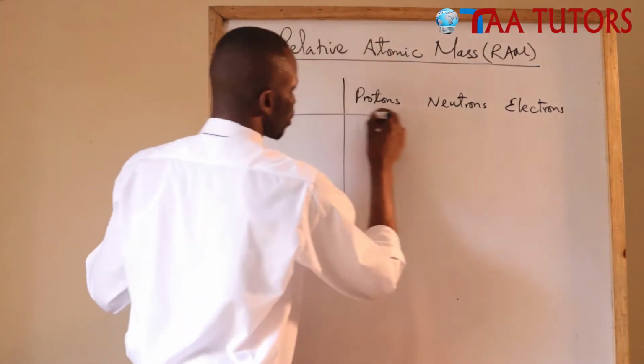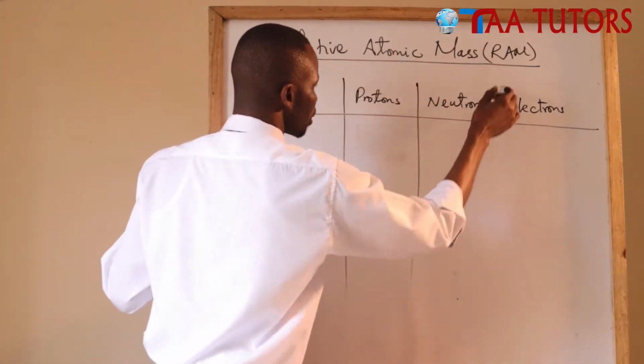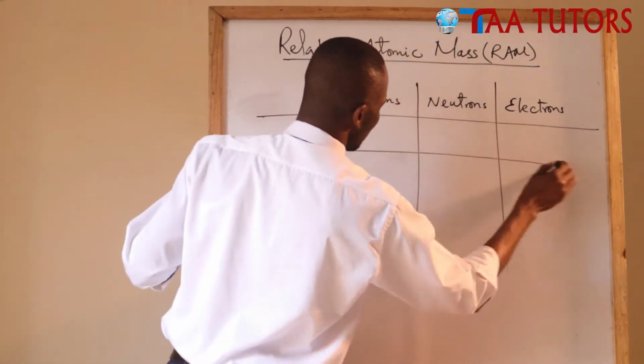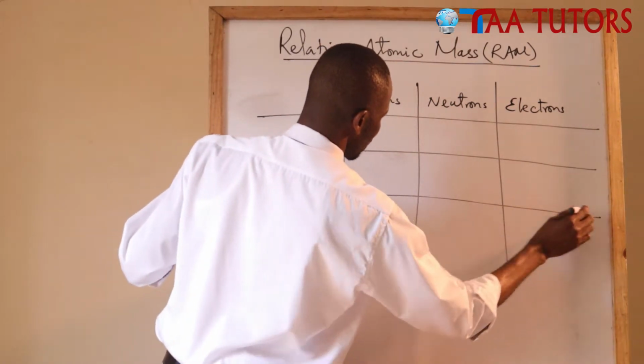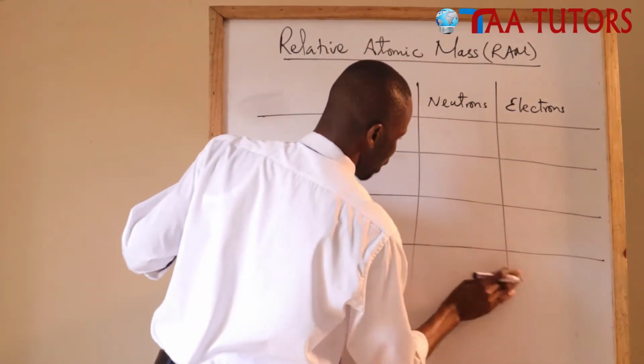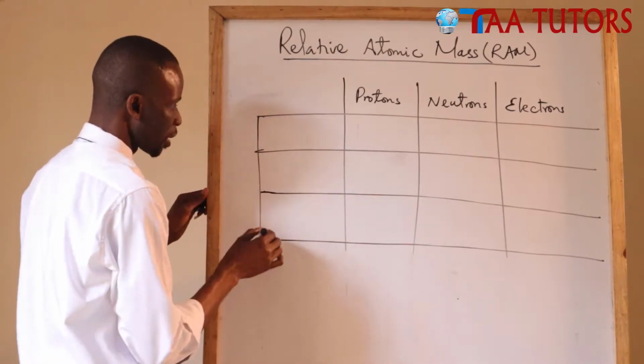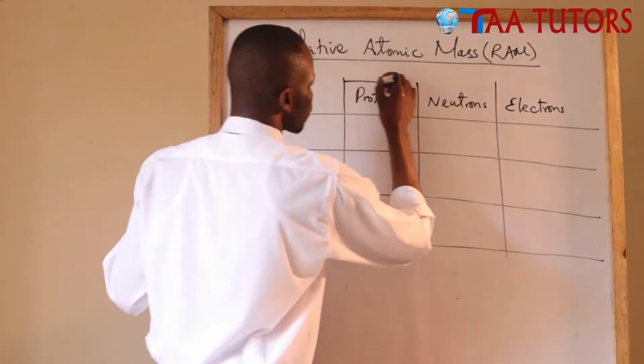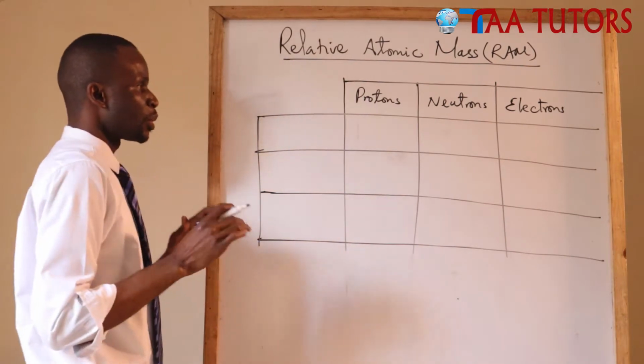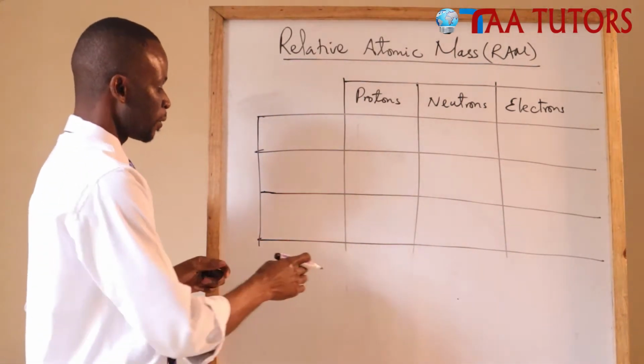So we have a table here. These are isotopes of magnesium. Examiners are people who think far, and they will always want to do something to make life hard for you as a learner.